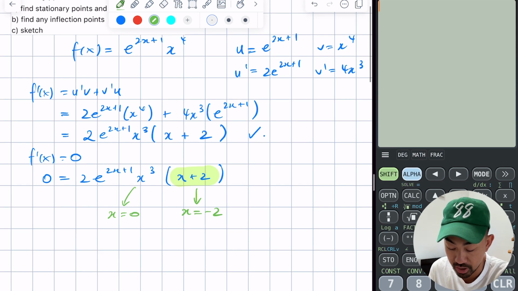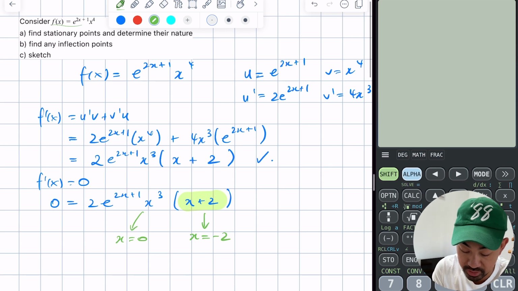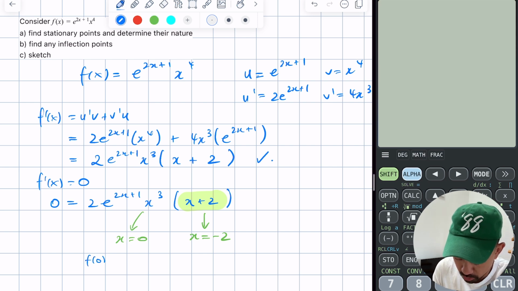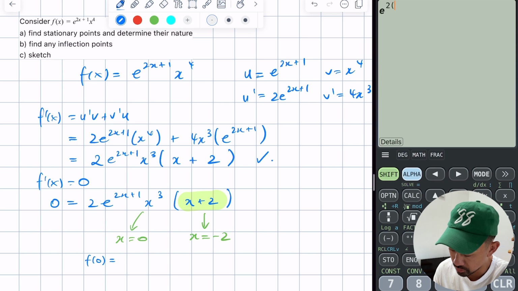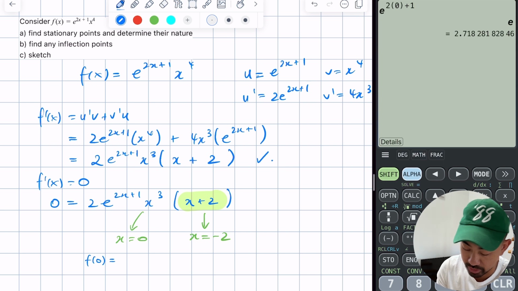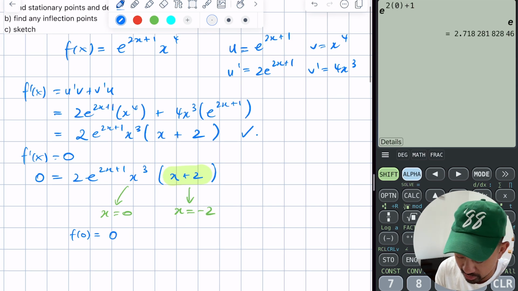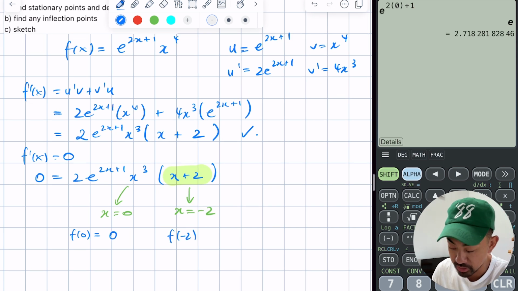Now let's just quickly find out what the coordinate is that goes with this function at the top. So quickly subbing it in, f of 0 is going to be, I'll just put this in the calculator, e to the power of 2 times 0 plus 1, and then 0 to the power of 4. Well, that's just going to be 0. Should have seen that. What's f of -2?